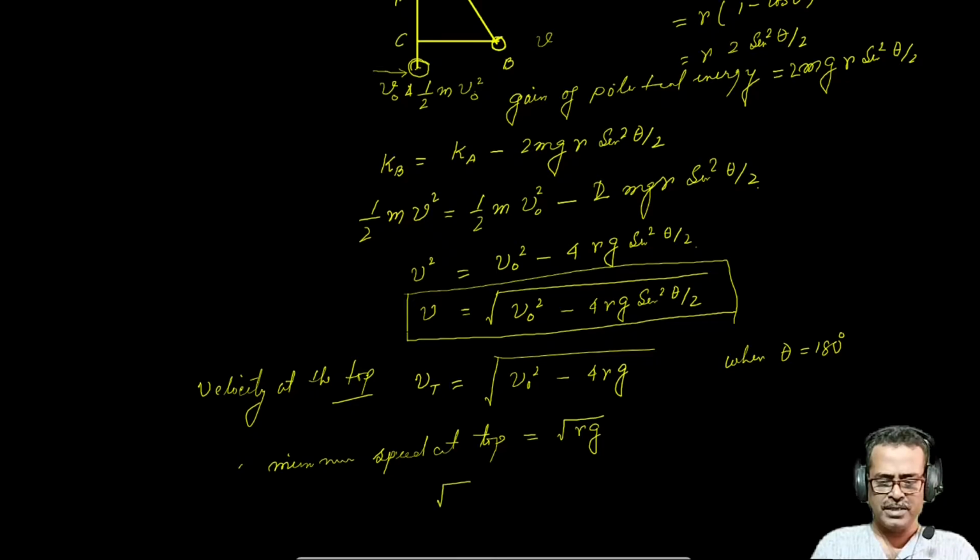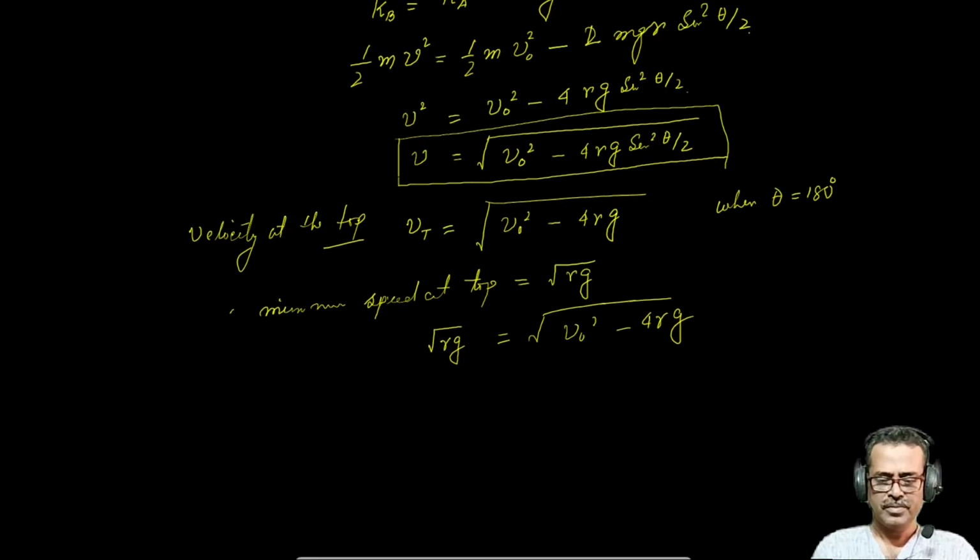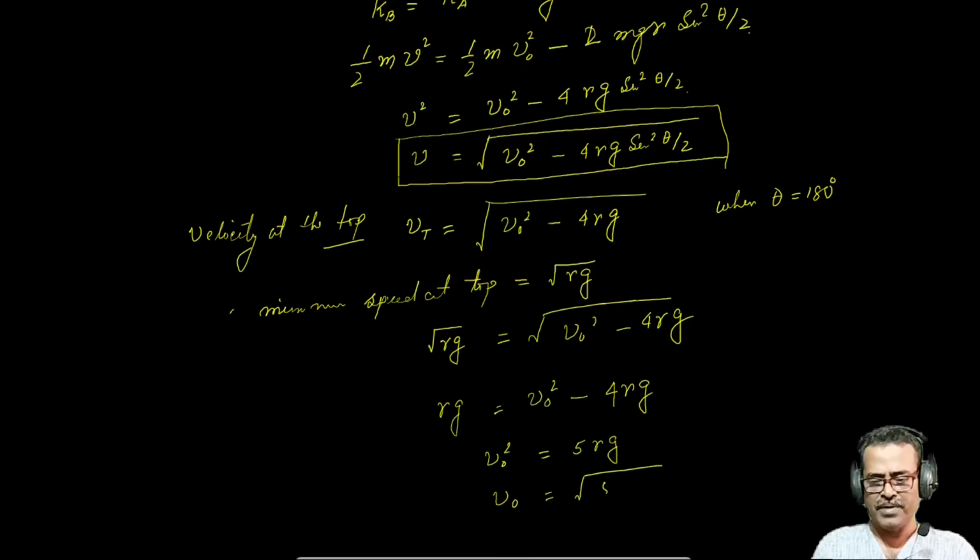Root over rg is equal to root over v0 square minus 4rg. So rg is equal to v0 square minus 4rg, therefore v0 square is equal to 5rg, and v0 is equal to root over 5rg.